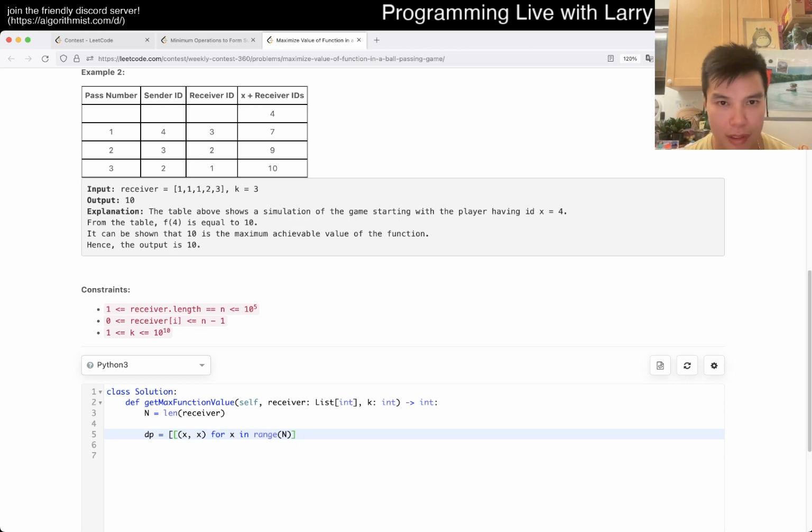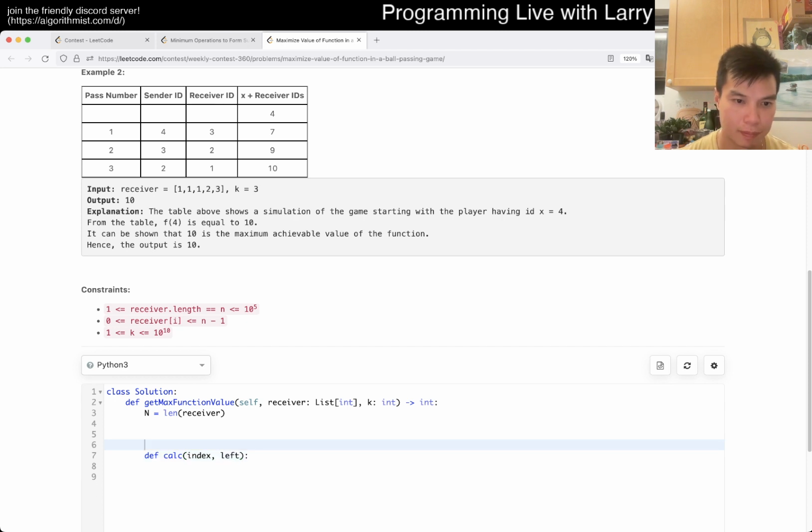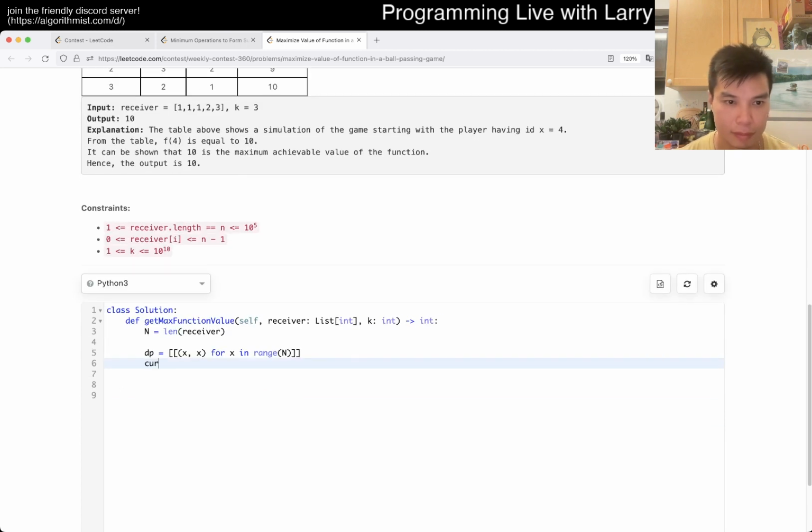Can I do it top down? Maybe I do it top down. Let's go. No, this left is a little bit weird though. If we do it top down. No, maybe I do it the other way. Turn after one pass.